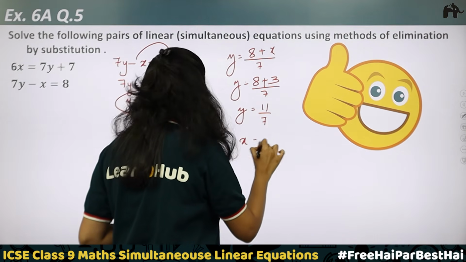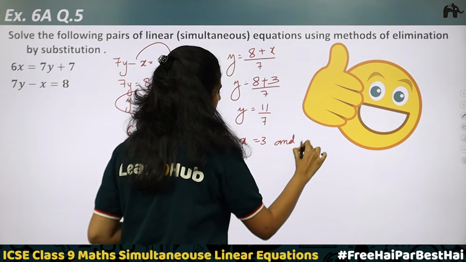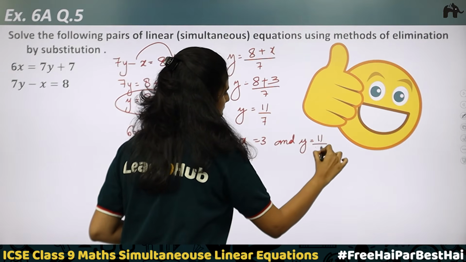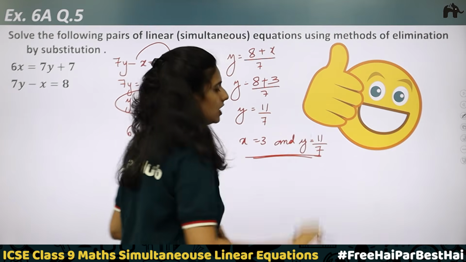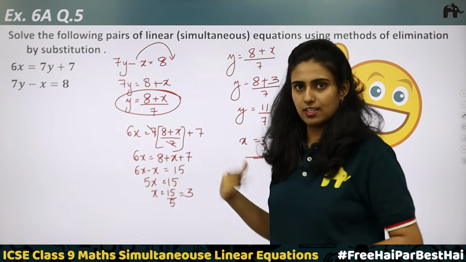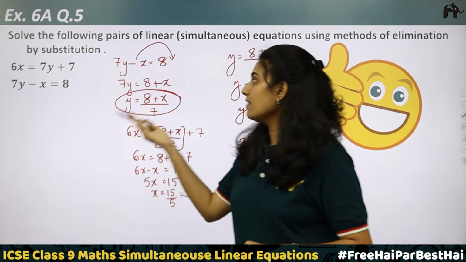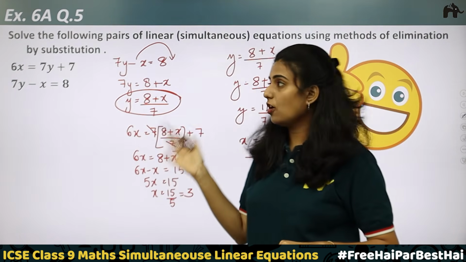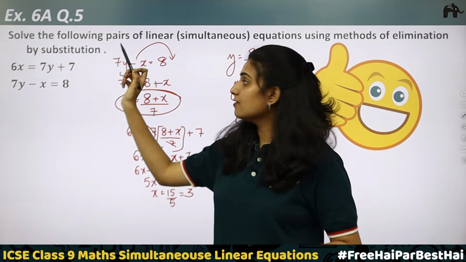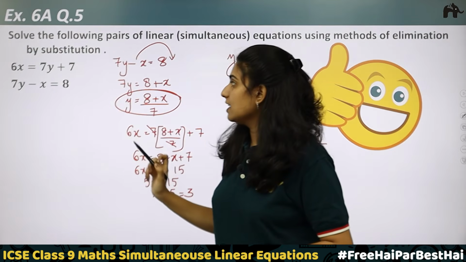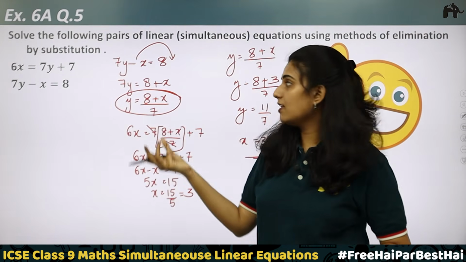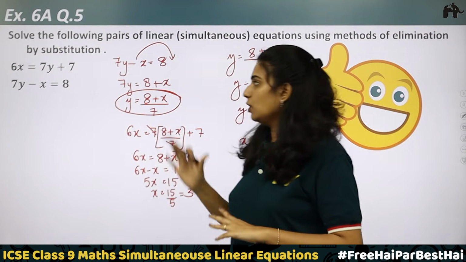So x is equal to 3 and y is equal to 11 by 7. Okay, so these are the values of x and y. If you are taking the first equation, you will be getting x is equal to (7y plus 7) divided by 6, or if you are finding the value of y, then you will be getting y is equal to (6x minus 7) divided by 7. Whichever way you can solve this.